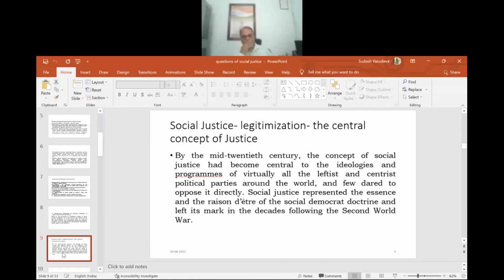But by the mid-20th century, this concept of social justice had become central to the ideologies and programs of virtually all the governments, leftist and centrist political parties around the world. And no one dared to oppose it. So social justice represented the reason for the rise of social democratic governments, and yet for social democratic doctrine, and it has left its mark after the Second World War.